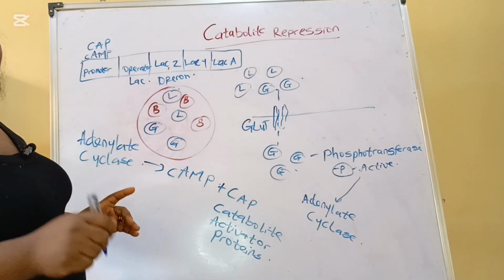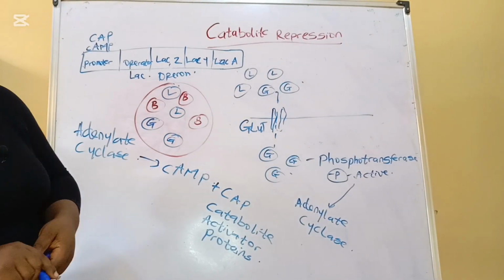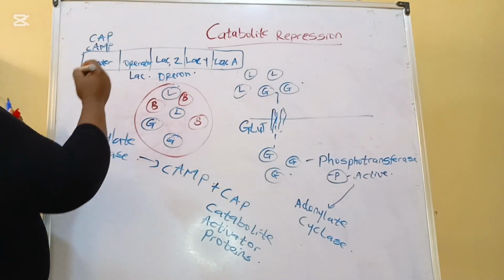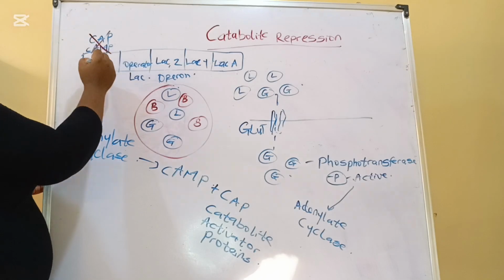Since we would not be needing this to be expressed, we will find a way of preventing the binding of this cyclic AMP and CAP to the promoter.